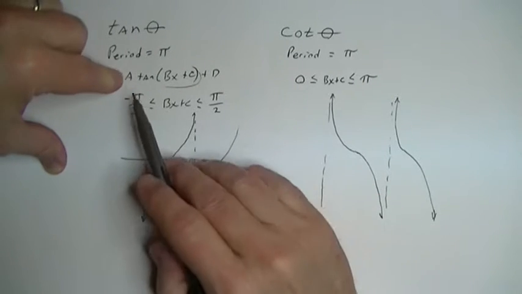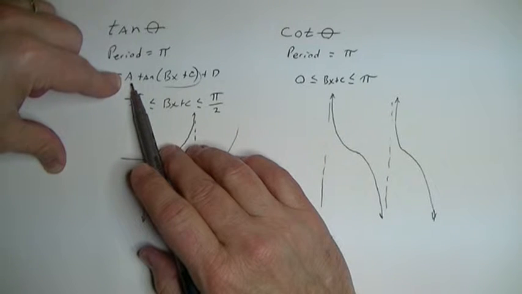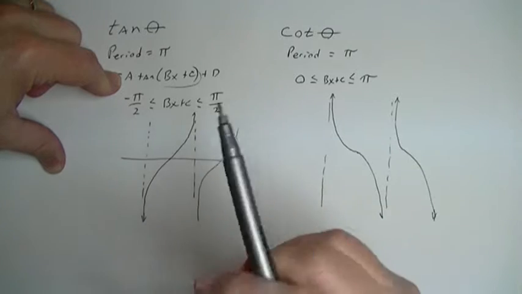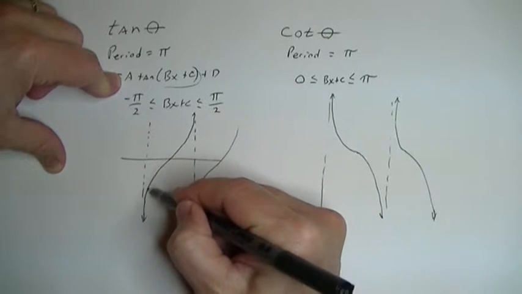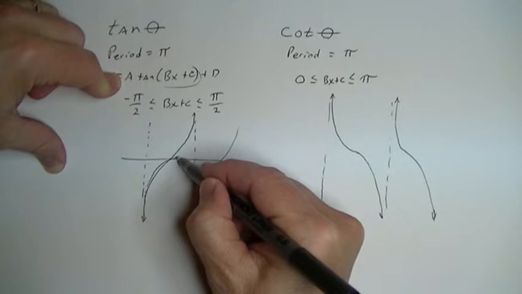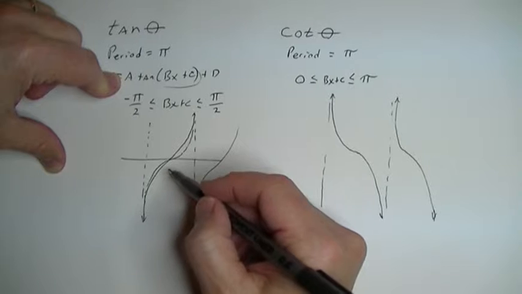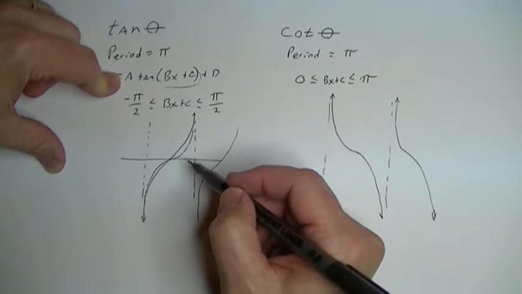And if A is a small fraction, between negative 1 and 1, it's going to have a little bit of effect of flattening it out in the middle a little bit. You'd actually have to plot some points in there just to get a feel for that.